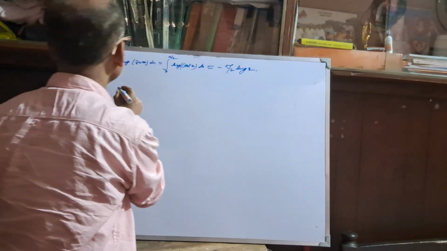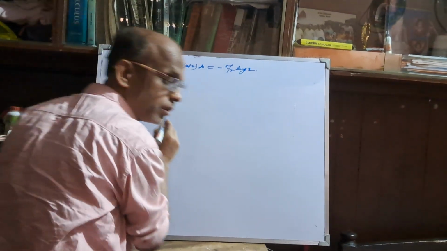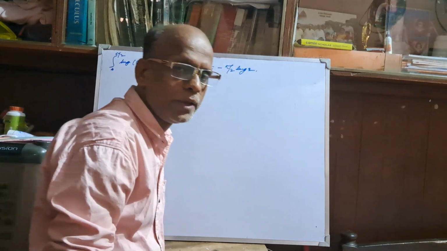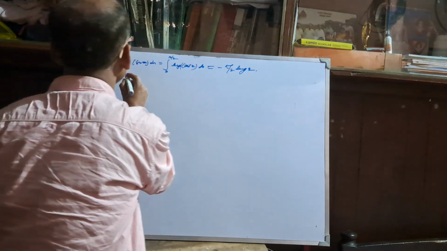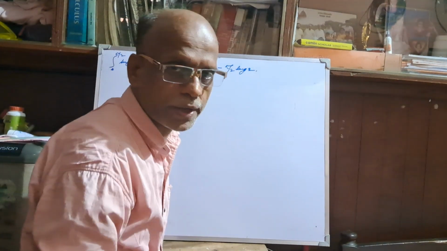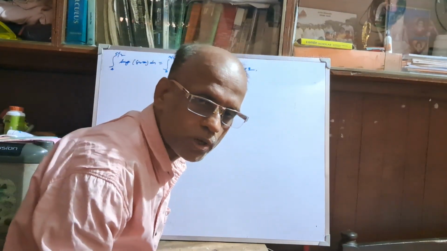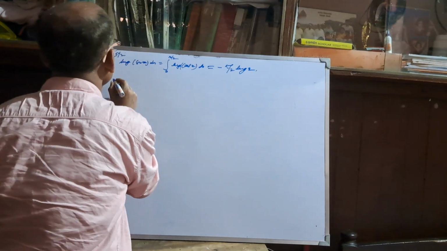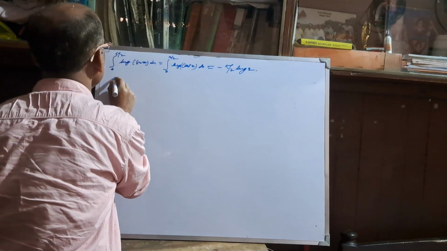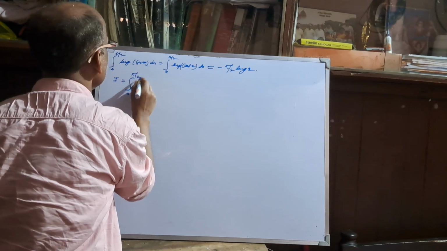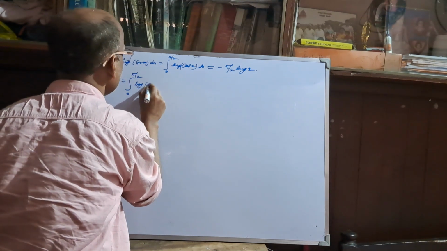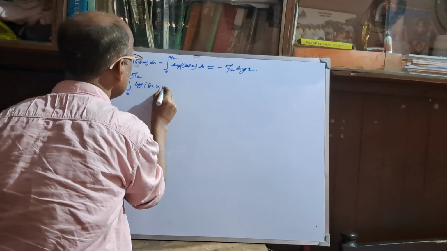Suppose this I is equal to, I am taking the first part here. Therefore, I is equal to integral from 0 to pi by 2 of log sin x dx.